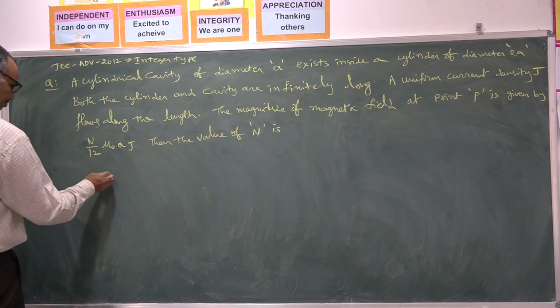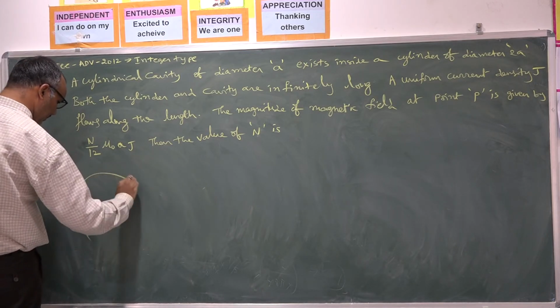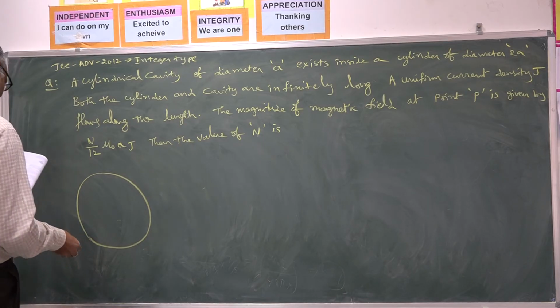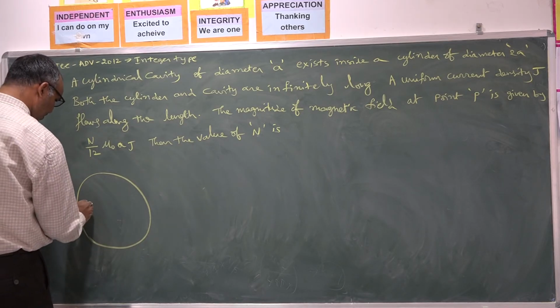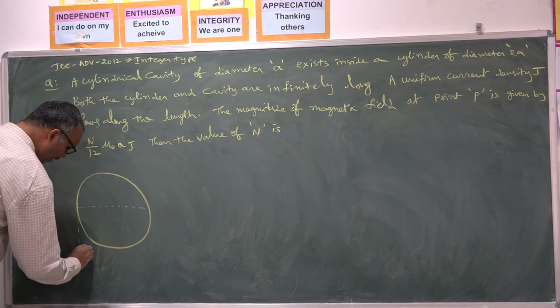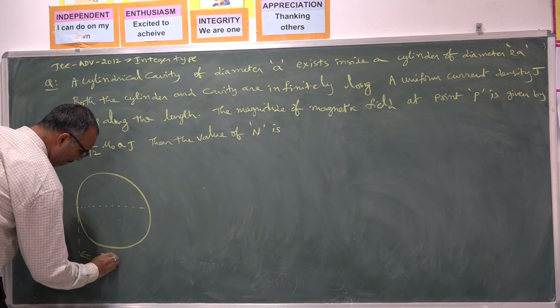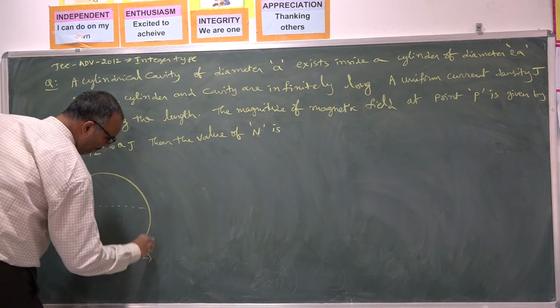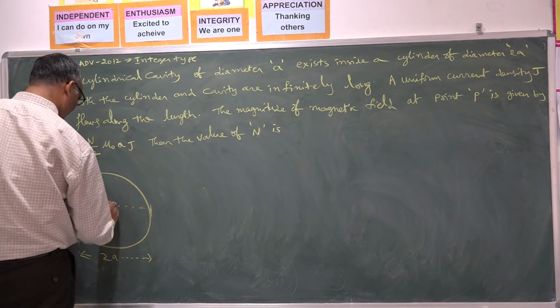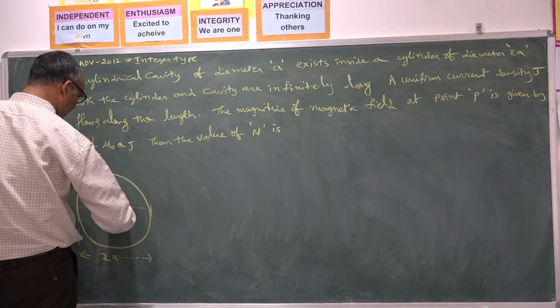The diagram is like this. This is the original cylinder. The diameter of the cylinder, they gave it as 2a. And the cavity is like this.